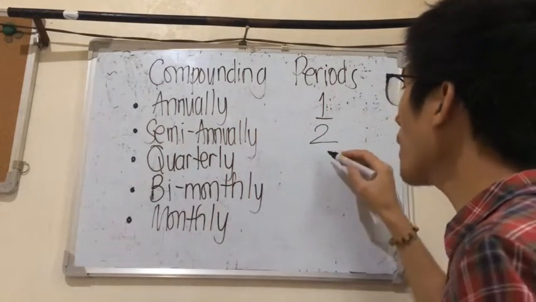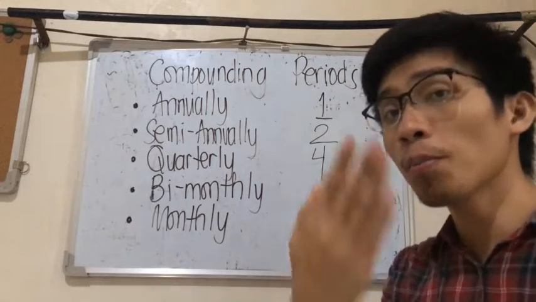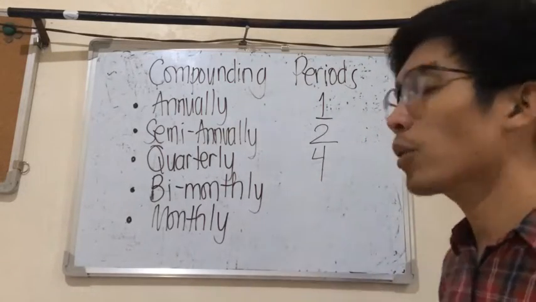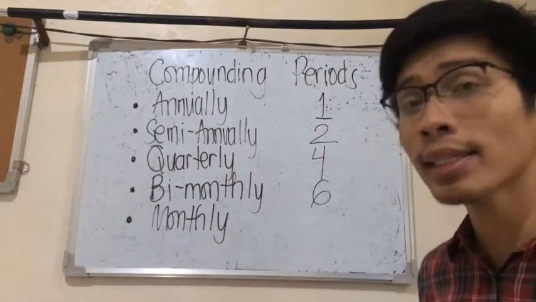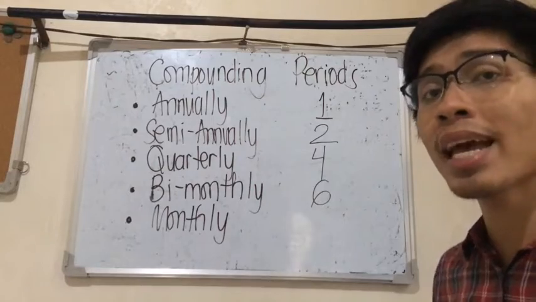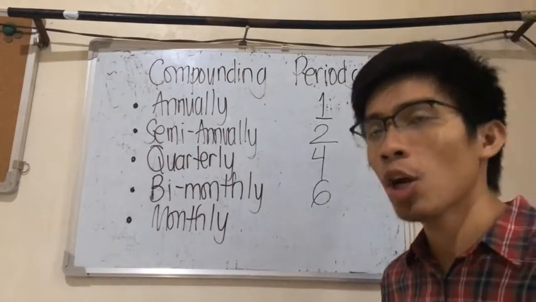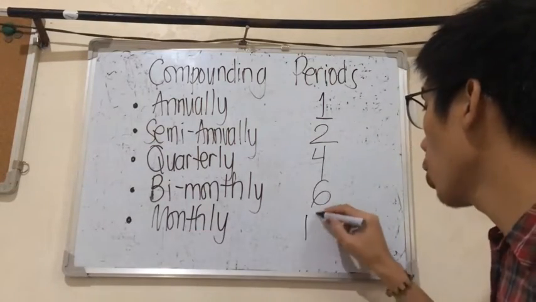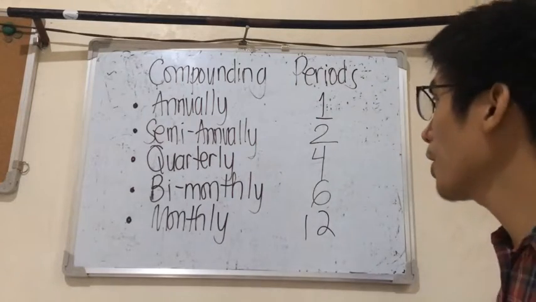When it talks about quarterly, it talks about 4, meaning your money will increase 4 times a year. When you talk about bi-monthly, it talks about 6. Why 6? Because bi-monthly will increase every 2 months. How many 2 months in 1 year? We have 6. Monthly, it talks about 12 because we have 12 different months in 1 year.